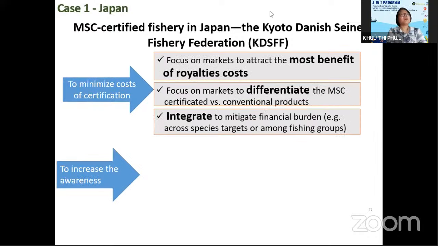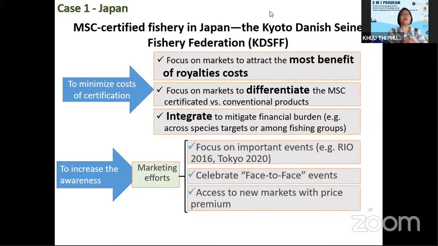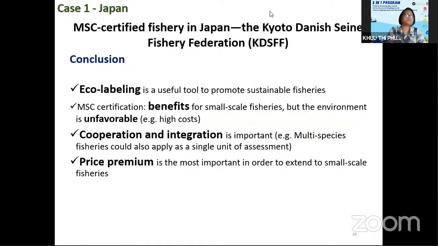And some activities have been done by the Kyoto Fishery Federation to minimize the cost of certification and to increase awareness of MSC products. But actually they have faced a lot of challenges. The most important is how to differentiate the price premium and how to get interest support to mitigate the financial burdens.